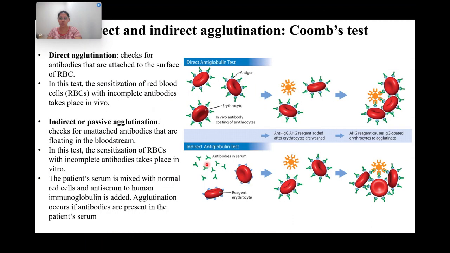In this test, first you take the patient serum with the normal red blood cells, and anti-serum to human immunoglobulin is added here. If you see any kind of agglutination, then you know that there is an antibody freely flowing in the patient serum. So that was about agglutination.